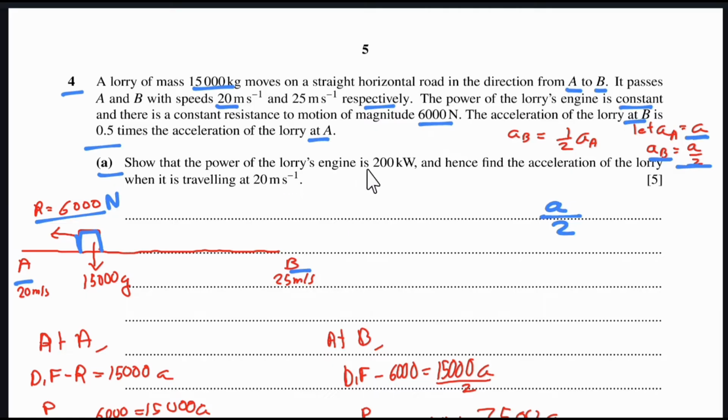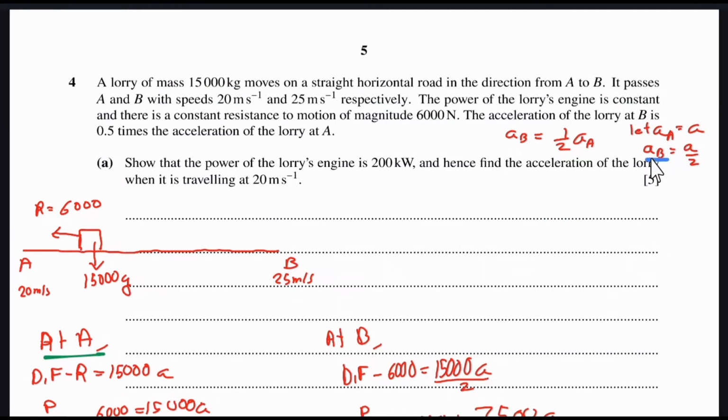Show that the power of the lorry's engine is this much. So we need to find the power and hence find the acceleration of the lorry when it is moving at 20 meters per second, that is the acceleration at point A.